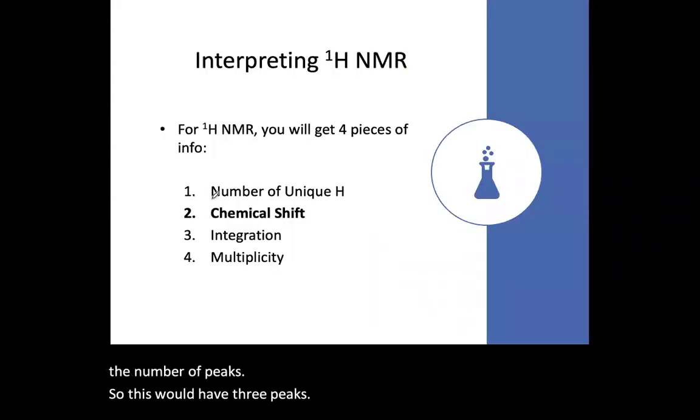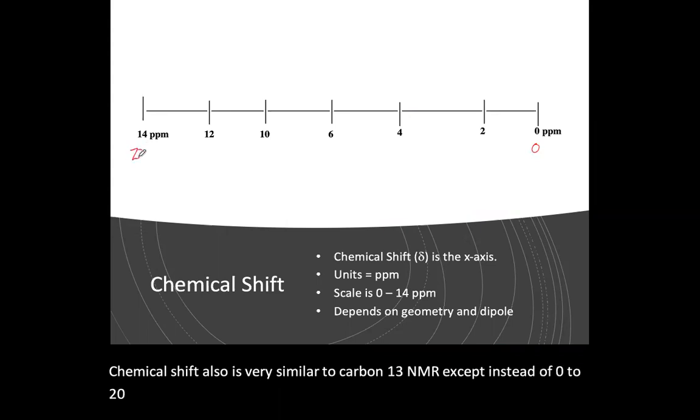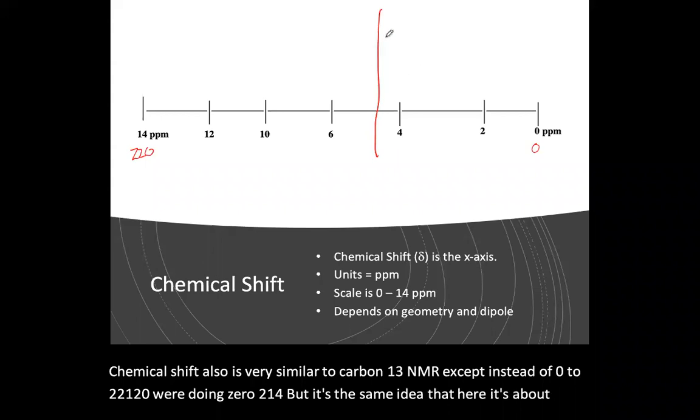Chemical shift also is very similar to carbon-13 NMR, except instead of 0 to 220, we're doing 0 to 14. But it's the same idea that here it's about halfway, around 4, 4.5.